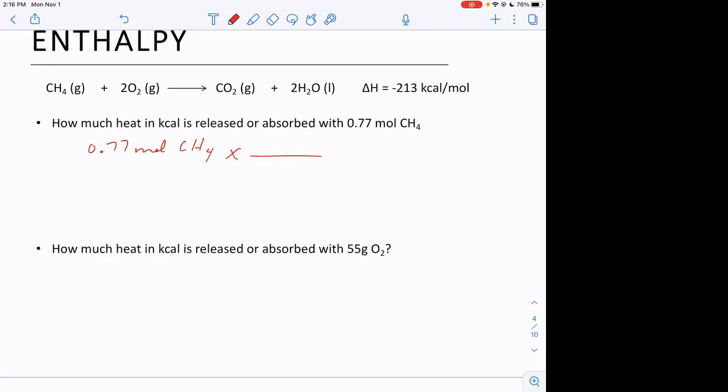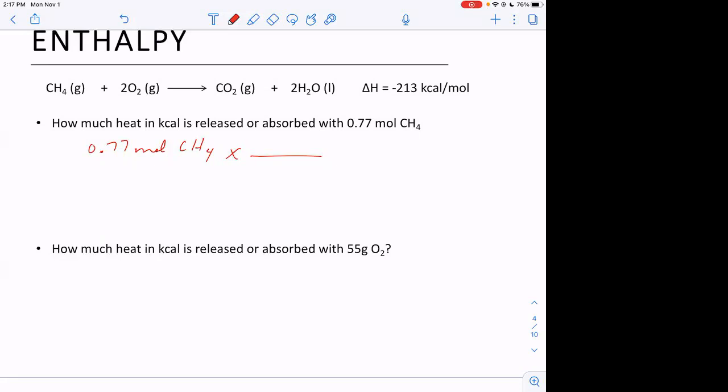If we burn or combust 1 mole of this, then we're going to get that many kcals. But if the coefficient was like 2, if this was asking for oxygen instead of methane, if it said like half a mole or 0.77 moles of oxygen, then you would have to put a 2 down here because you got to always take into account what the coefficient is. You can't just write over 1 mole all the time, okay?